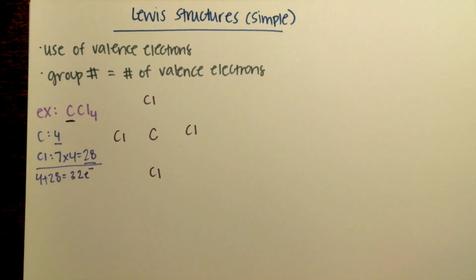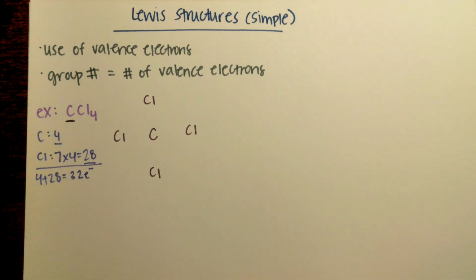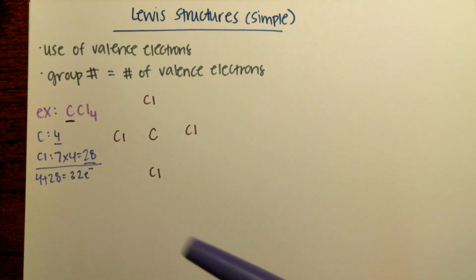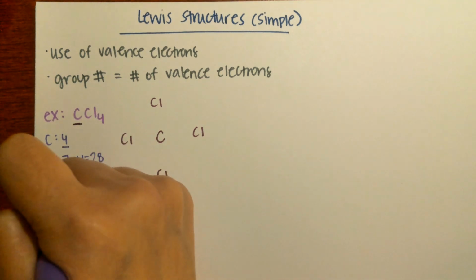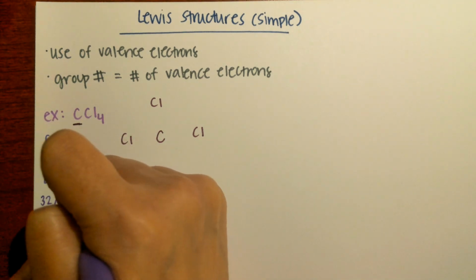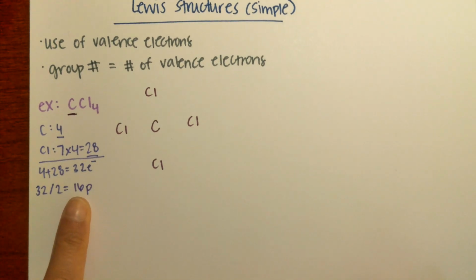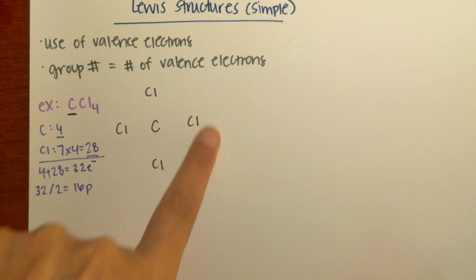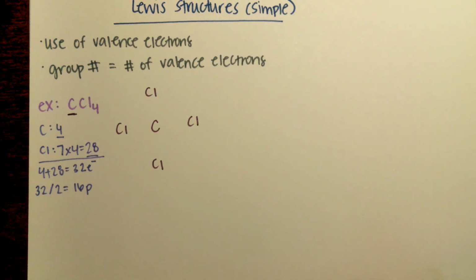Now that's a lot of electrons to keep track of, so I'm going to divide it by 2 so we can work with pairs, because again, covalent compounds share pairs of electrons, so might as well make this more manageable by doing 32 divided by 2 equals 16 pairs. So that's a lot better to work with. So I'm going to work with 16 pairs, distributing that in this Lewis structure.